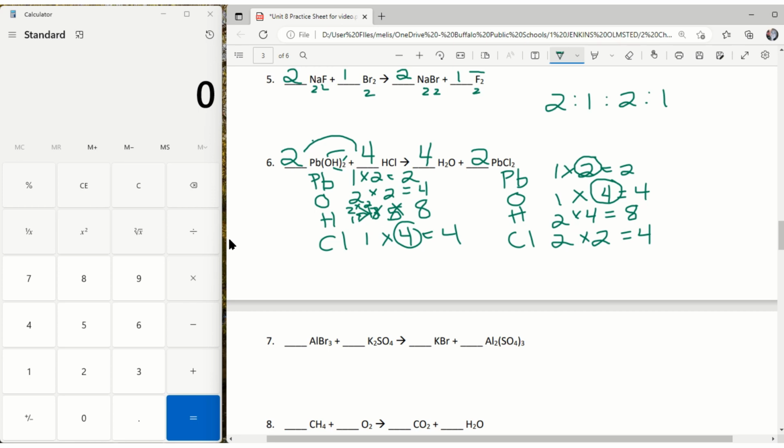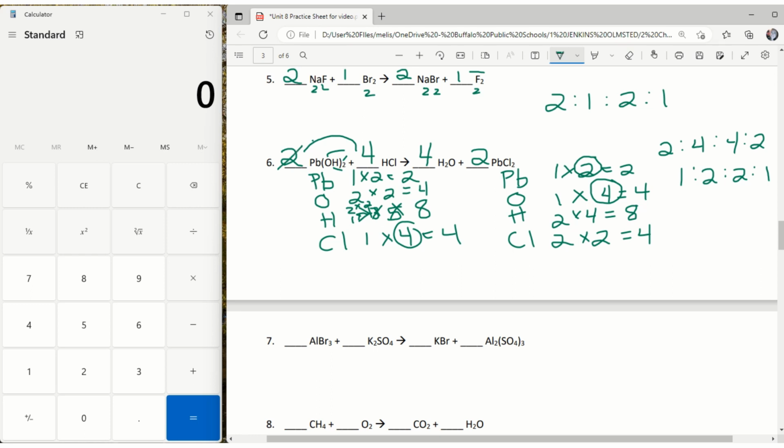Okay, so everything balances, right? So now let's look. I have 2 to 4 to 4 to 2. Can I divide those coefficients by something other than 1? You betcha I can. I can divide them all by 2. So my ratio should be 1 to 2 to 2 to 1.